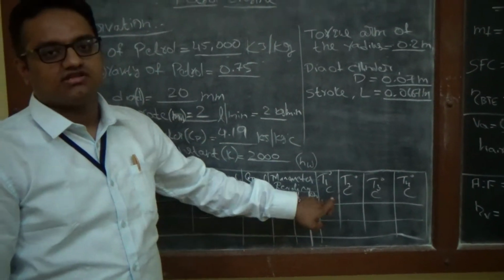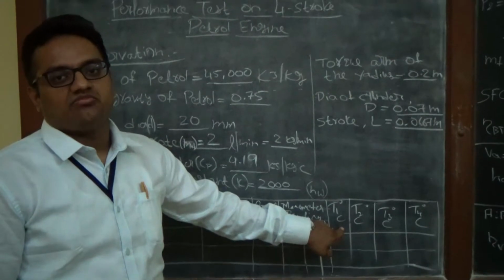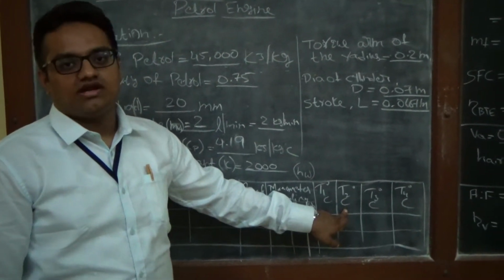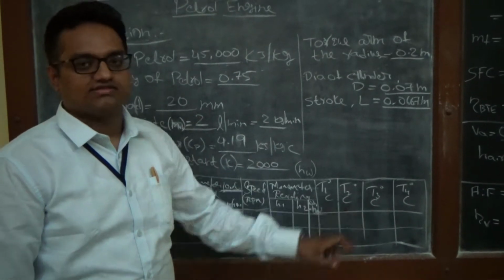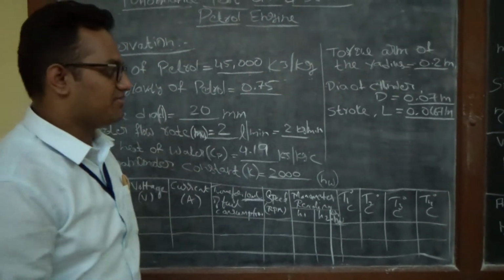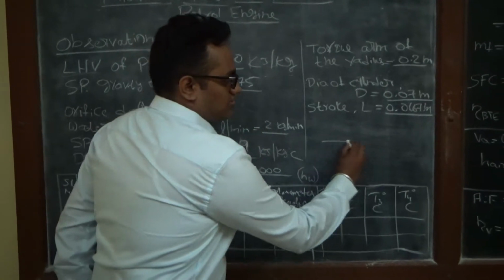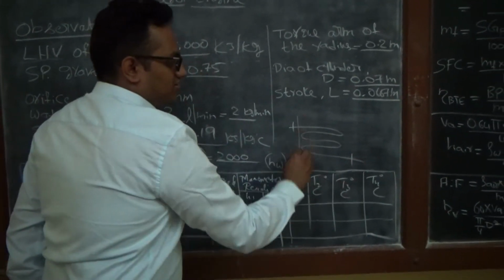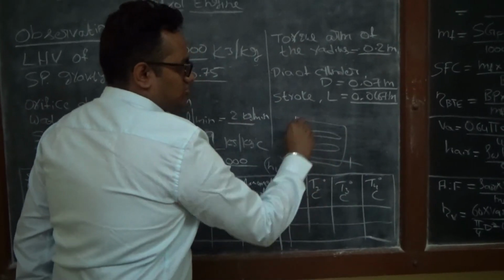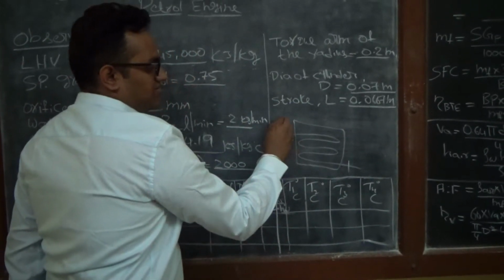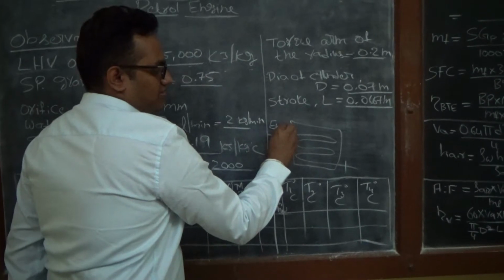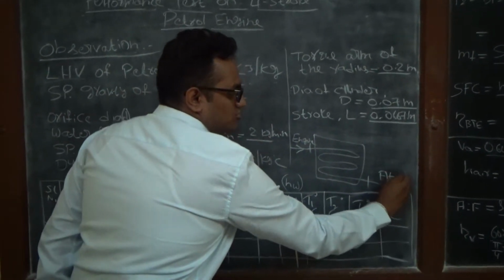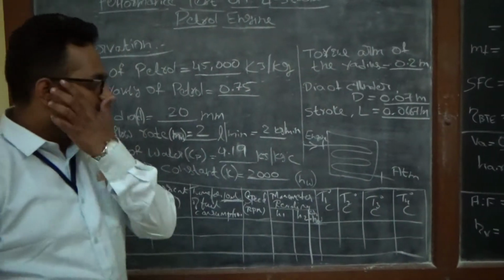T1 is the inlet temperature of the exhaust gas. T2 is the outlet temperature of the exhaust gas. What exactly are the inlet and outlet temperatures of the exhaust gas? The exhaust gas is cooled before it is let out to the atmosphere. The exhaust gas coming from the engine has to be cooled using water.